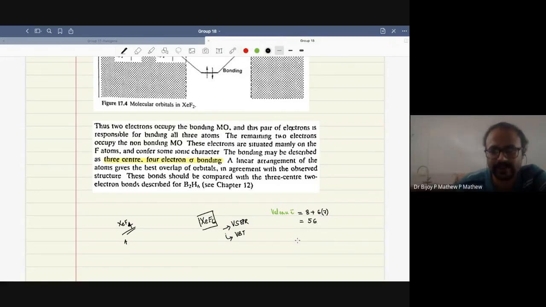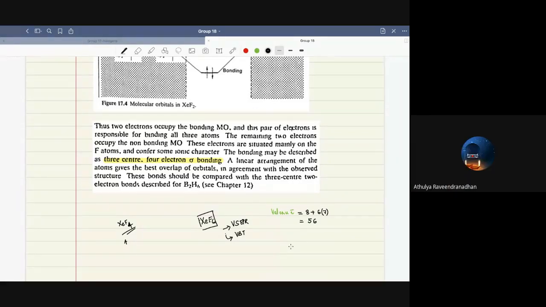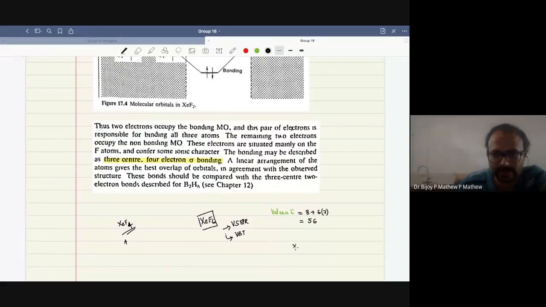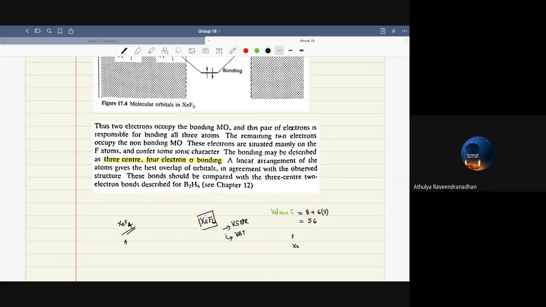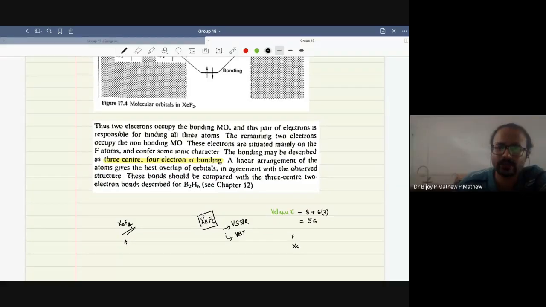Okay, fine. Now, what did you do? Then I write xenon and 6 fluorines. Xenon and 6 fluorines, because xenon would be the central atom. First of all, in a molecule, the central atom is usually present as a single atom. Another thing you can look for is the electronegativity. So xenon, with a lower electronegativity value, would definitely be the central atom.